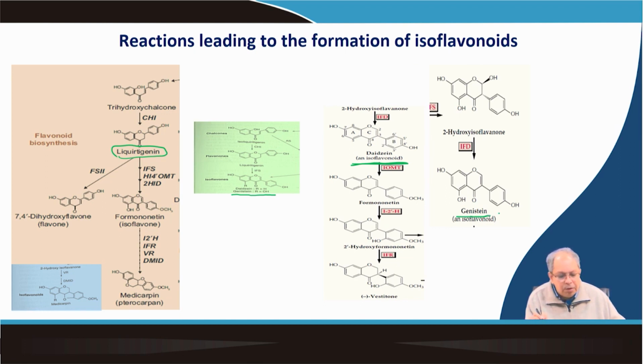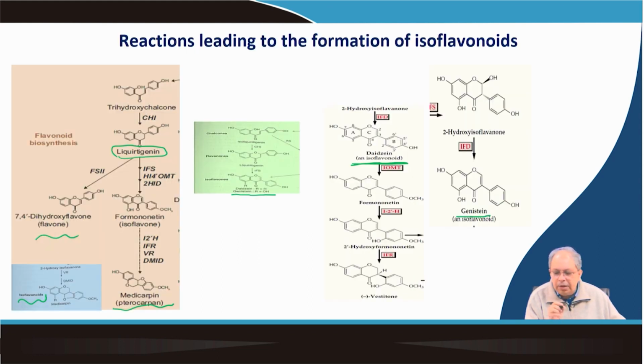This is also an isoflavonoid, and this pathway further moves and forms medicarpin. Medicarpins are also isoflavonoids, and these are complex molecules, but basically restricted to legumes. So, in legumes these pathways are operating. These are isoflavones and isoflavonoids. What you need to know is that these isoflavonoid pathways operate in legumes, and there the flavanone is liquiritigenin, not naringenin.